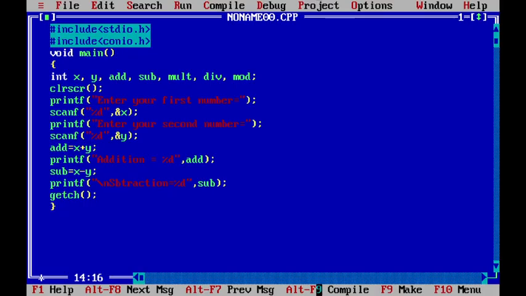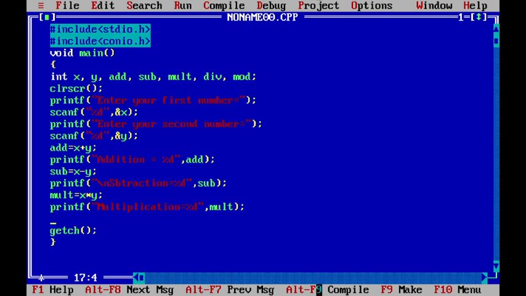Now next we want to determine multiplication. So here we use the variable mult is equal to x into y, again printf "multiplication is equal to %d", mult, bracket completed, semicolon.